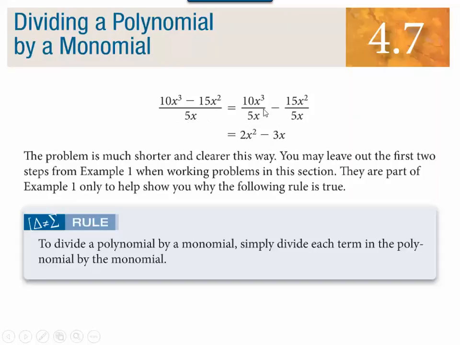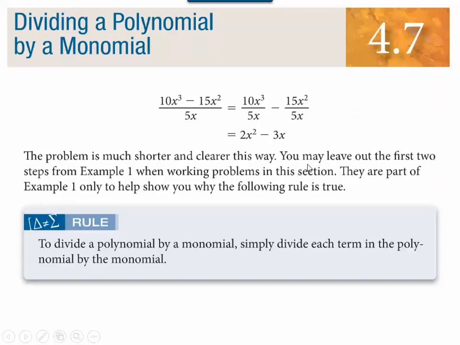Once you split it, we do each individual fraction by itself and we're done. So again, the 10x cubed minus 15x squared, break it down with the 5x under each one, and then these are the rules that we learned in 4.1, 4.2. Divide the numbers, subtract exponents, divide numbers, subtract exponents. This is the easy section. Let's go for it here.